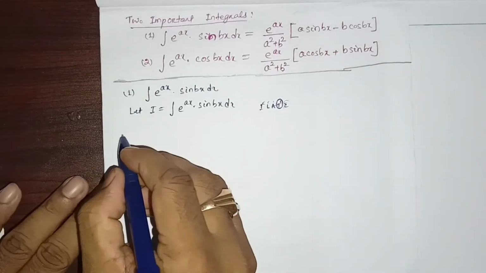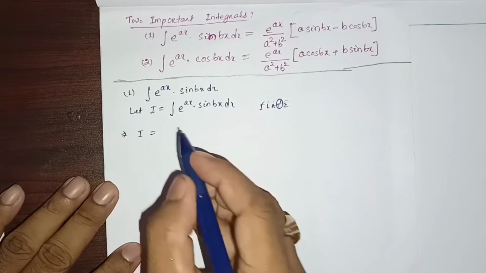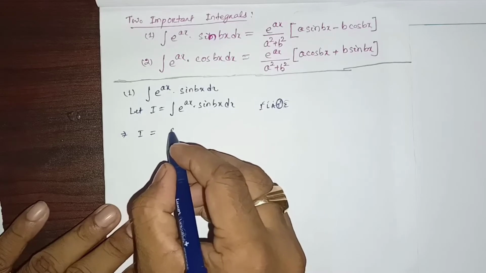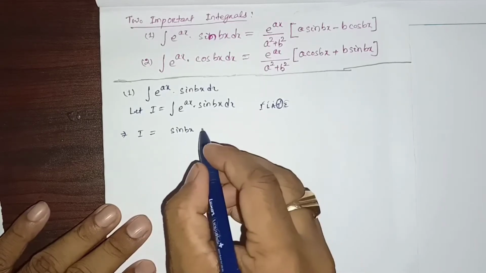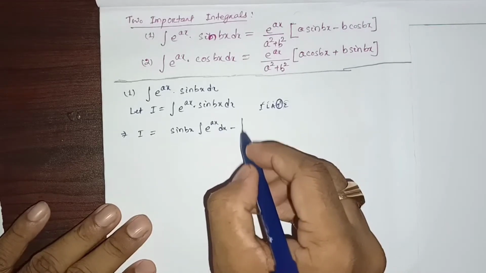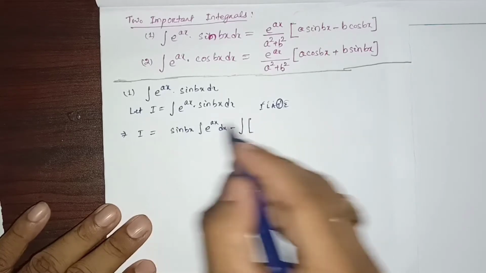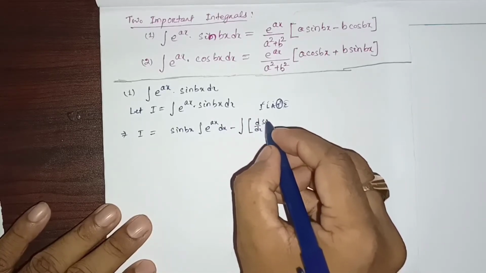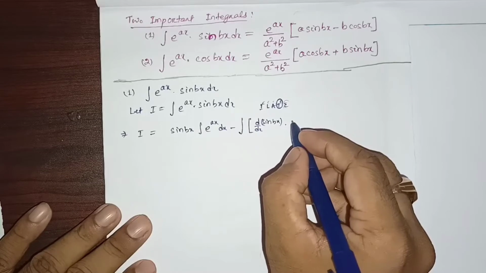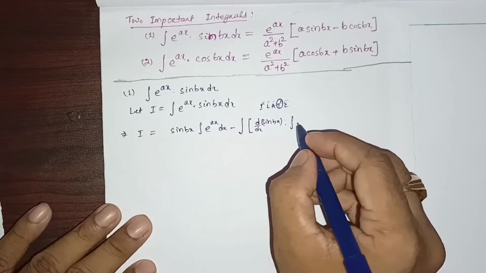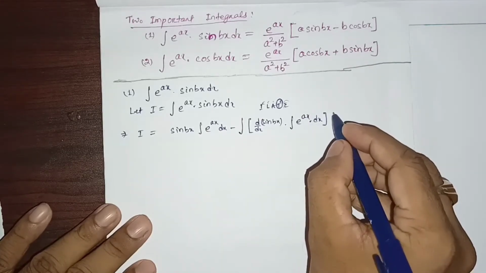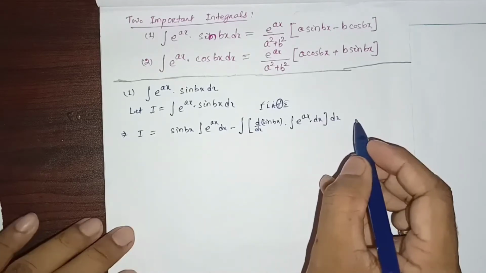So that implies I equal to, here this one is the first function, so it will be written as sin bx, integration of e to the power ax dx, minus whole integration of the derivative of the first function, that is d by dx of sin bx, into integration of e to the power ax dx, whole integration dx.